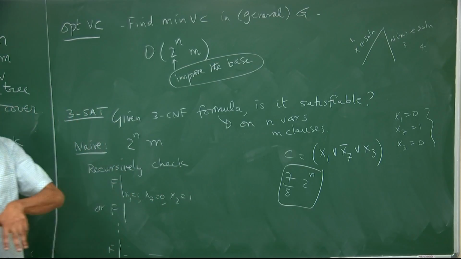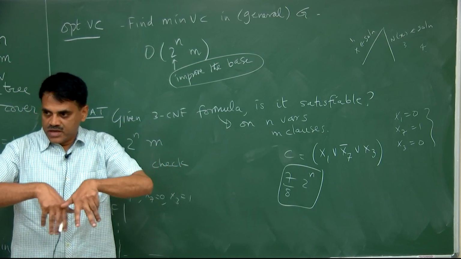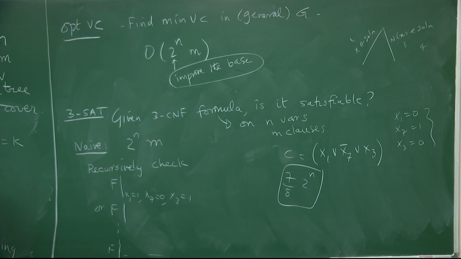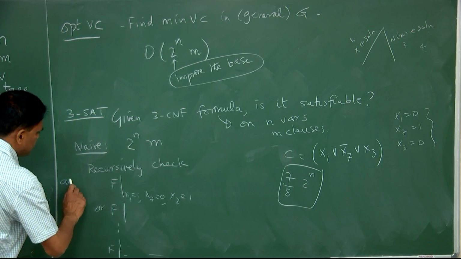For these 3 variables, there are 7 possible assignments. So I am going to do a 7-way branch. I pick one clause which has 3 variables. On these 3 variables, instead of trying all possible 8, I am going to try 7 possible assignments. Simplify the formula, which means that these 3 variables will go away from the entire formula. On the new formula, recurse and see whether any of these is satisfied.